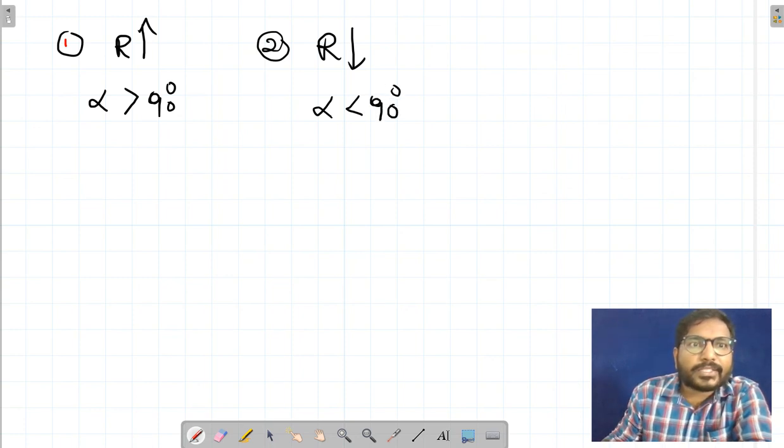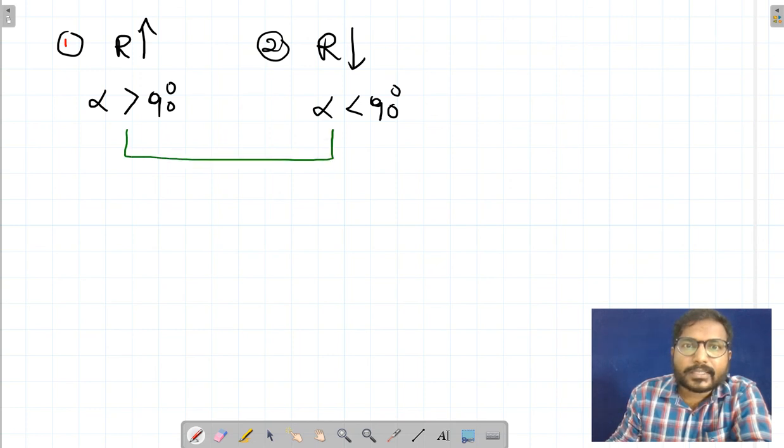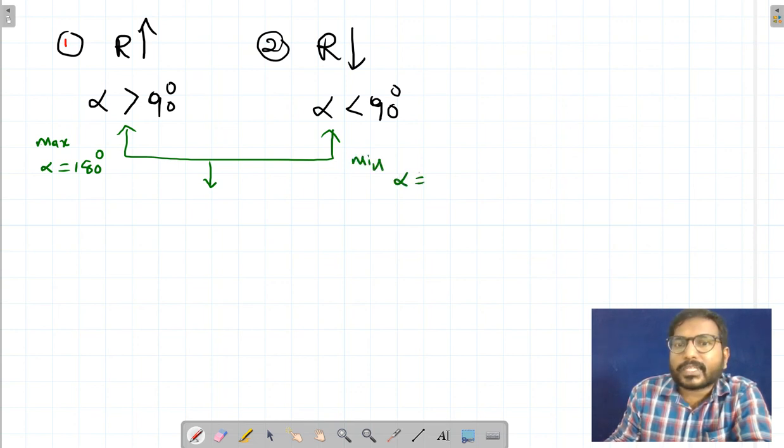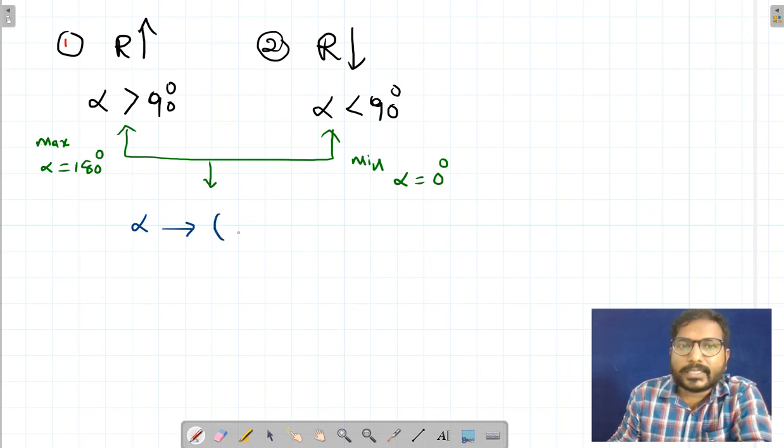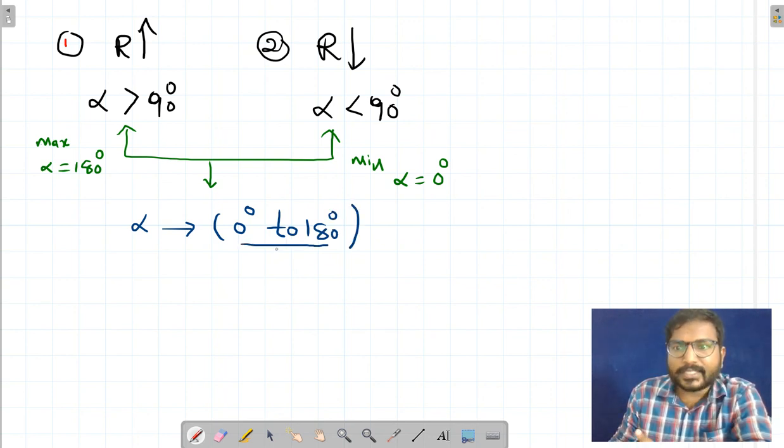By combining these two cases, we can get the range of the firing angle. The maximum alpha is 180, and the minimum is 0 degree. There we can conclude the range of alpha is 0 degree to 180 degree. So the range is improved.